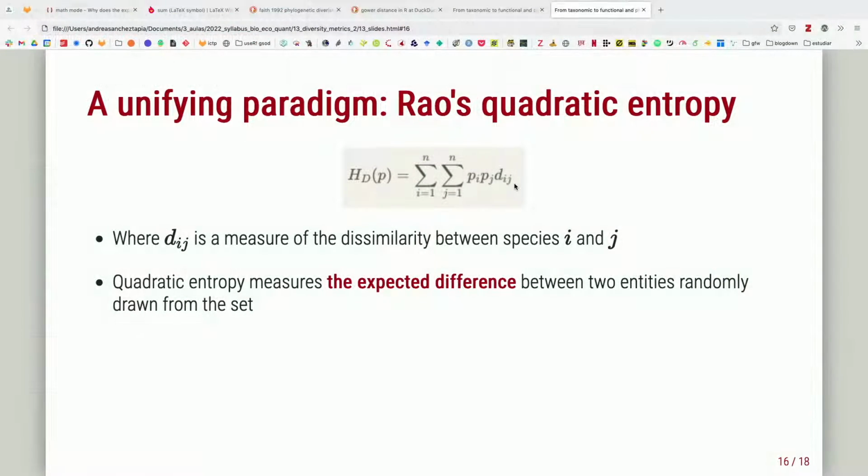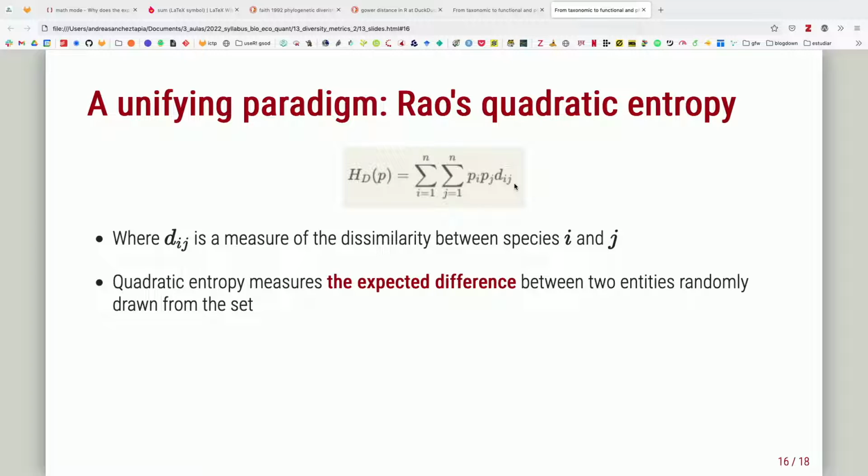So Rao has been more of a unifying paradigm to compare what taxonomic, functional, and phylogenetic diversity would mean in a community. And it works when you have this kind of matrix in taxonomy. It's equivalent to Simpson's diversity. It just gives you Simpson's diversity at the end.